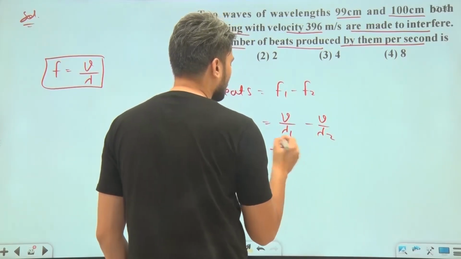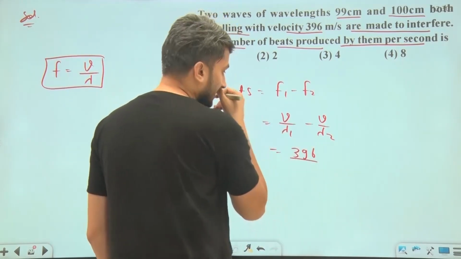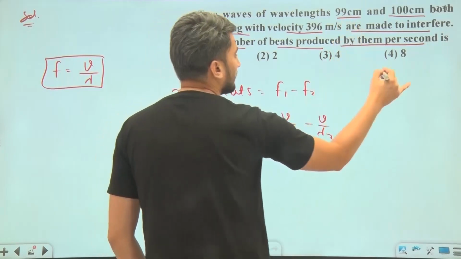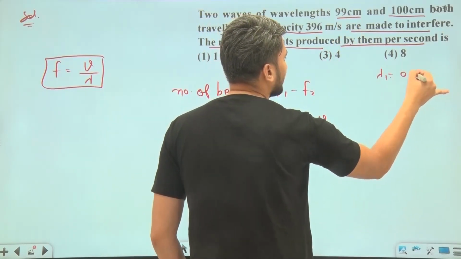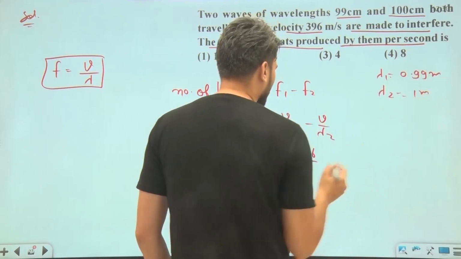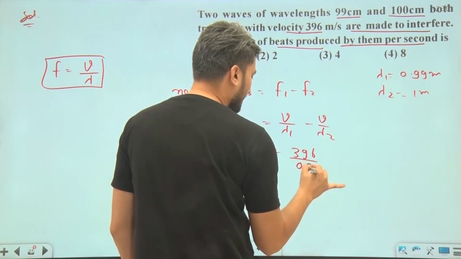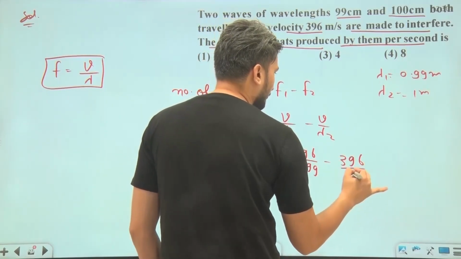So we put the values. Velocity is given as 396 meter per second, and wavelength lambda 1 is 0.99 meter and lambda 2 is 1 meter. So this one is 396 divided by 0.99 minus 396 divided by 1.